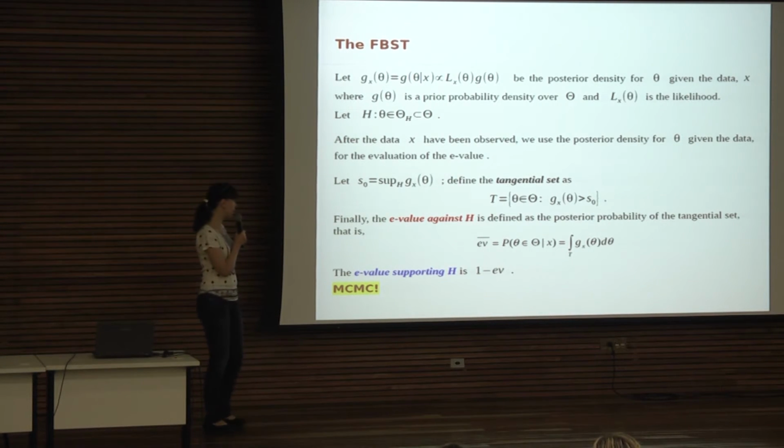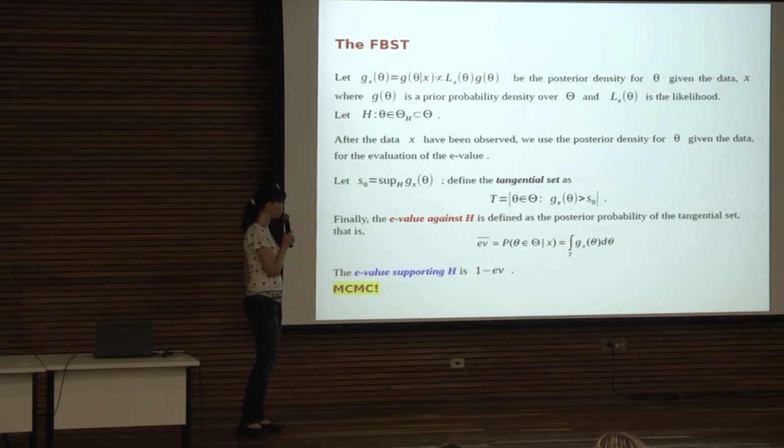And then the e-value, or the evidence value against H, is defined as the posterior probability of this tangential set. That is the integral of the posterior distribution of theta over the set T.